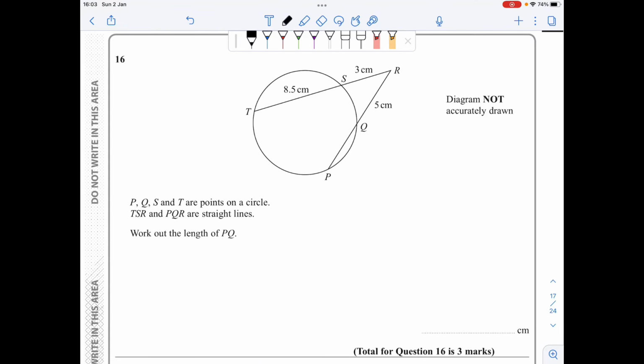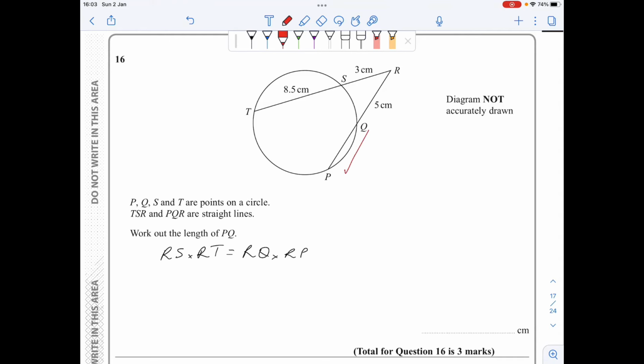In question 16, the point of intersection of the two lines is R. So my formula will use R as the starting point. So I've got RS times RT equals RQ times RP. Now we want to find PQ.